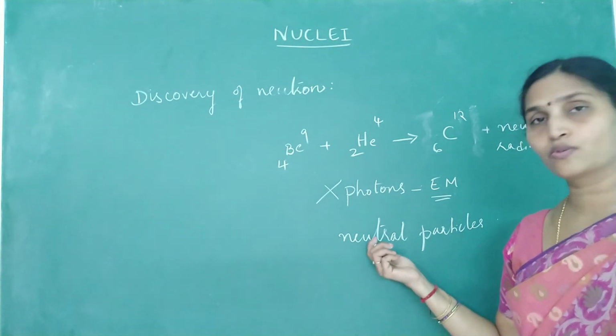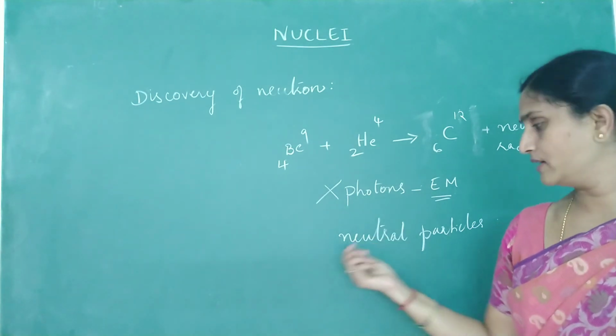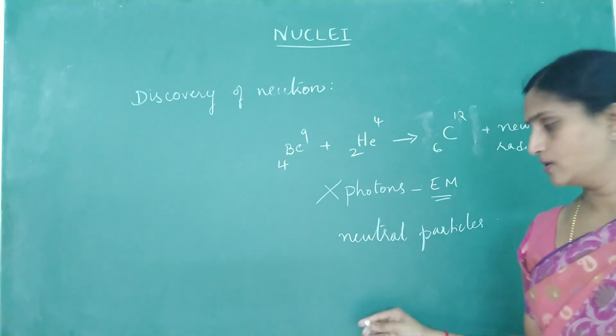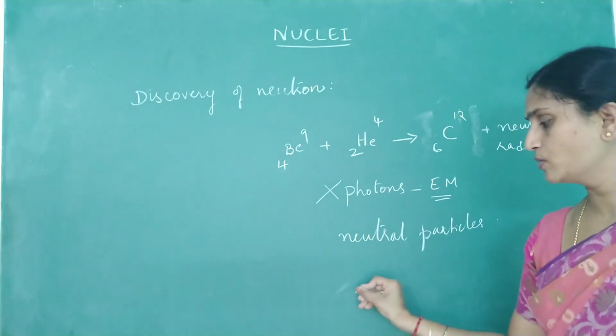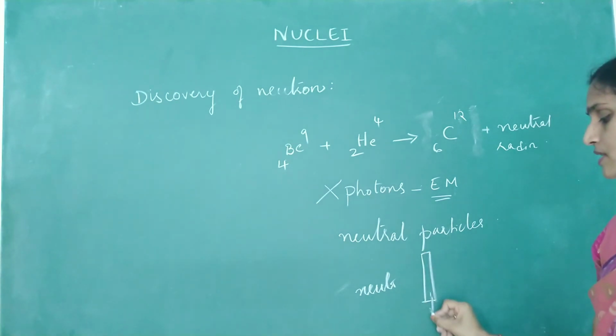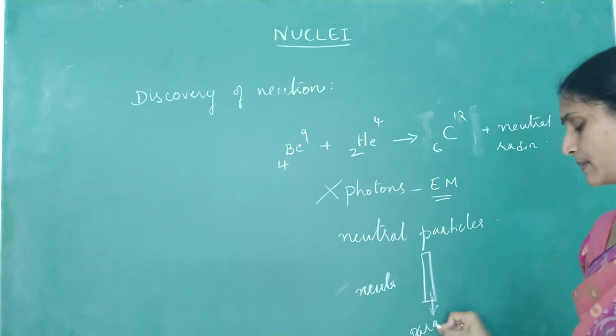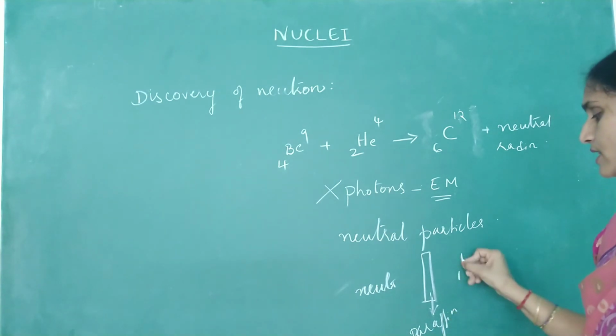That means when these neutral particles bombard a hydrogen rich material, they were releasing protons. I repeat, when you make these neutral particles hit a substance which contains a high amount of hydrogen, we call them paraffins, it was releasing hydrogens.